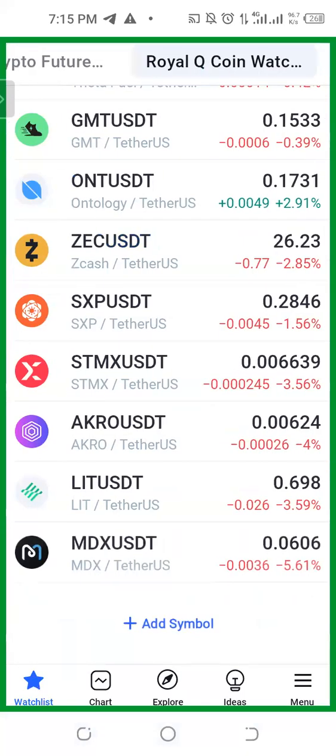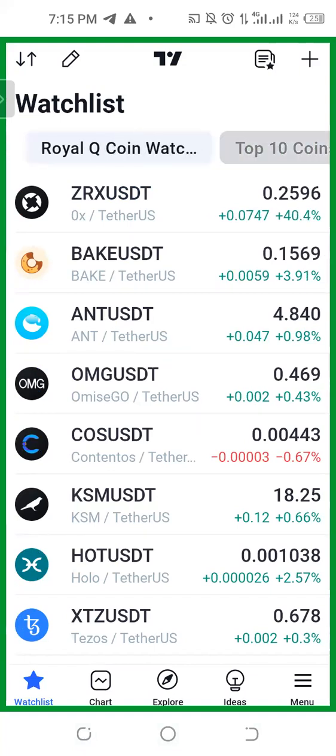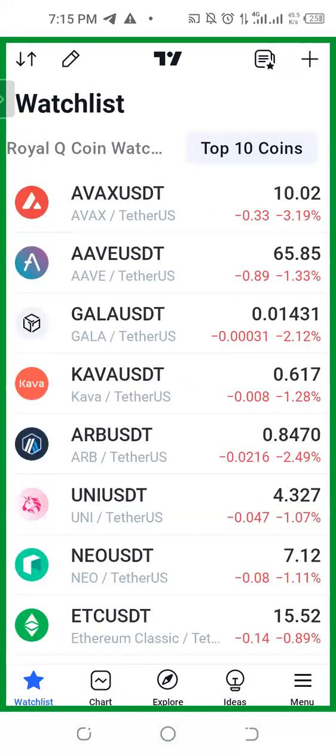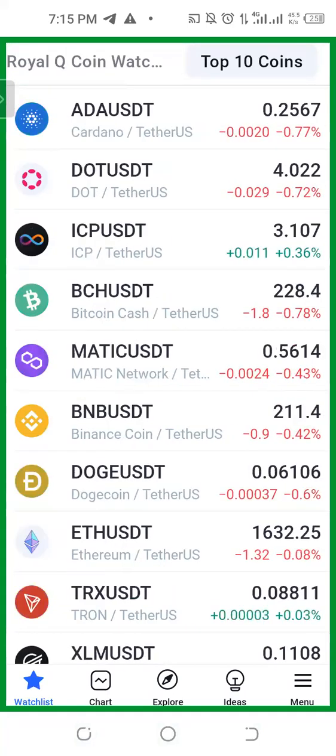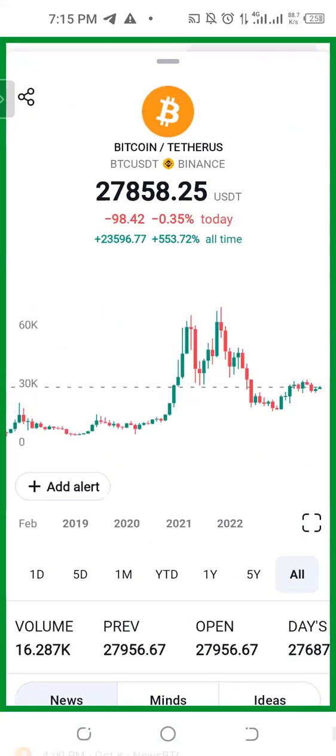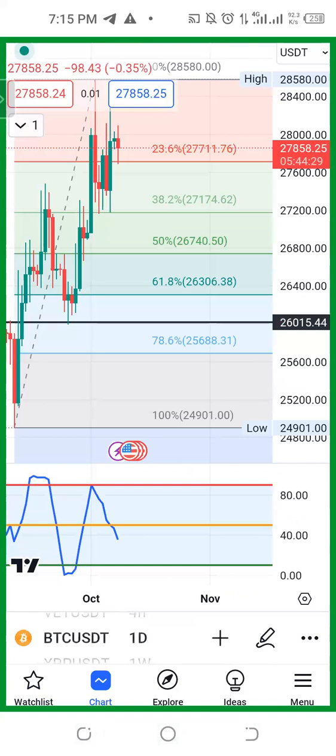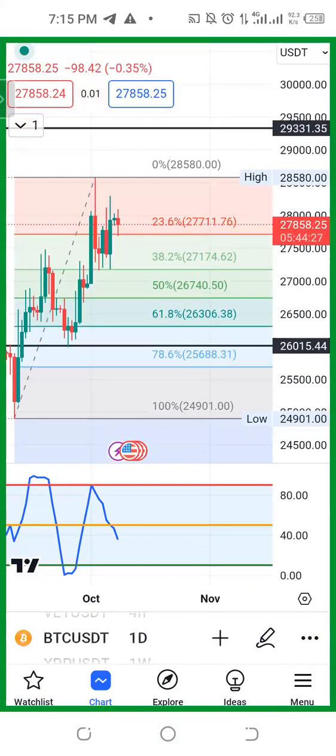And we can know that by checking the chart of Bitcoin, because Bitcoin is what determines the movement of the market. If you want to check that, you go to 1 day. So in 1 day, you can see the market is coming down. The market is going to be reddish. Just mark my word.